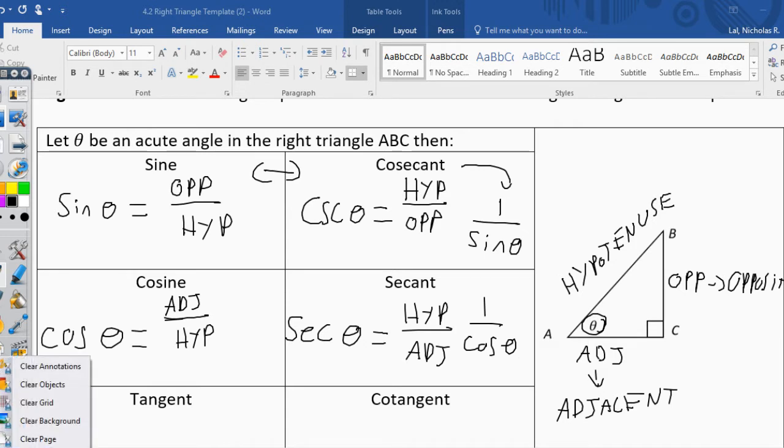Am I good to clear? No. Okay. All right, clear annotations. Yes? No?